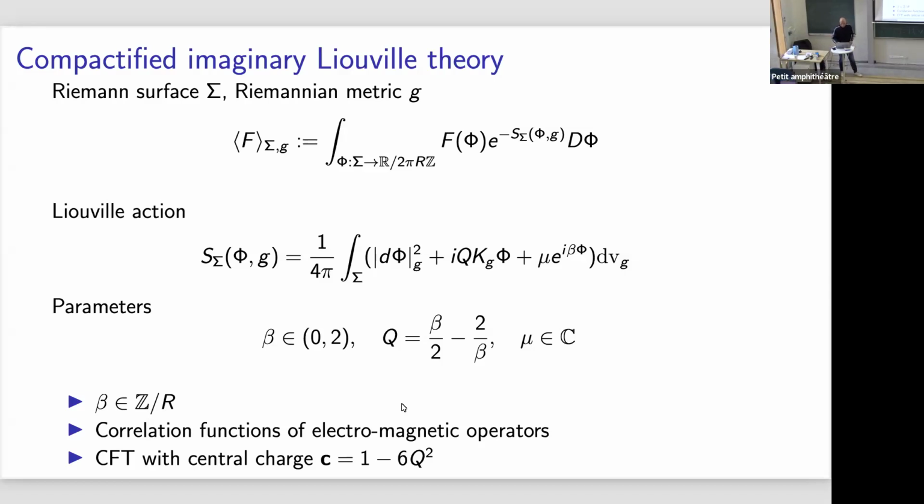Okay, let's try. So there are correlation functions that are given by electromagnetic operators. What is fancy with these correlation functions compared to what we had before is that the fields are not scalar anymore. It means that you do not have R here. So they will carry a spin.